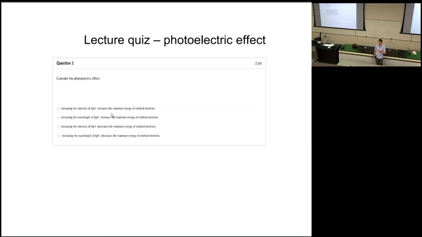The higher the frequency, the more energetic the electrons. The higher the frequency, the shorter the wavelength of the photons or the light. So if you increase the wavelength, you are decreasing the frequency, and you are decreasing the kinetic energy of the photoelectrons. So increasing the wavelength decreases the kinetic energy of the electrons.